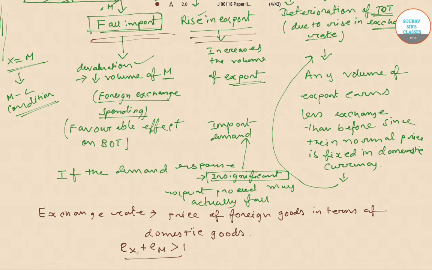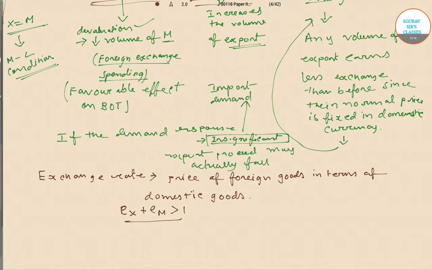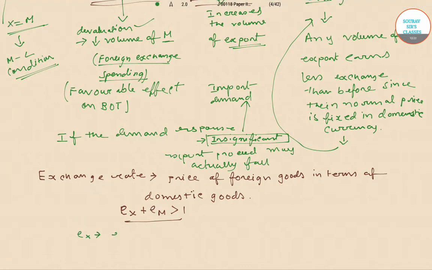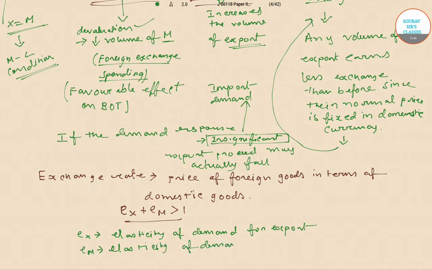So EX is the elasticity of demand for export, and EM is the elasticity of demand for import.